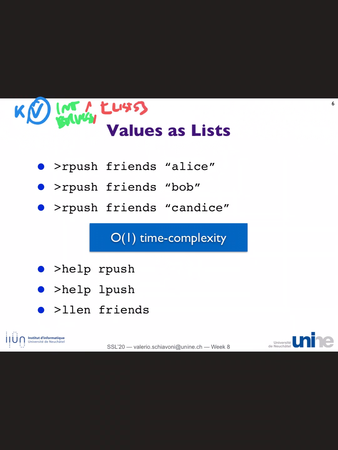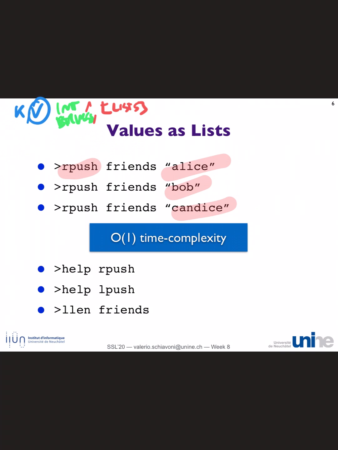In this case, we show the syntax to add entries to a value whose type is a list, and we do this by using the command rpush. We are adding 3 elements to the list at the end of the list, and this operation has a constant time complexity.